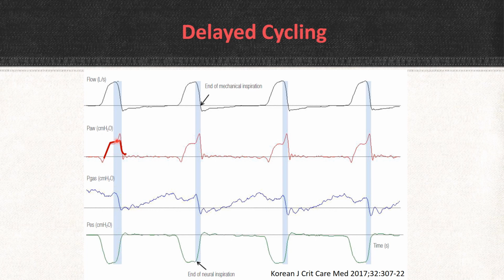So, the patient's inspiration ended here, but the ventilator is still in the inspiratory phase. As a result, the patient ended inspiration and entered the expiratory phase, but the ventilator is still providing inspiration. As a result, there is a rise in pressure. So, if you see this form of coning or stipple appearance at the end of inspiratory pressure rather than square or box-like form, then it may be due to delayed cycling.